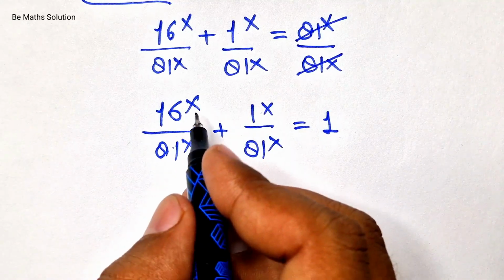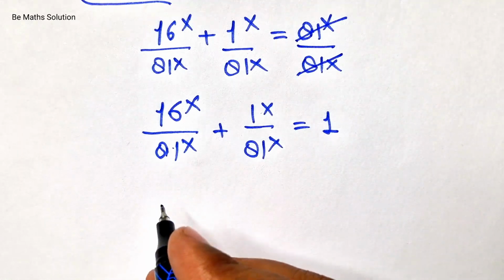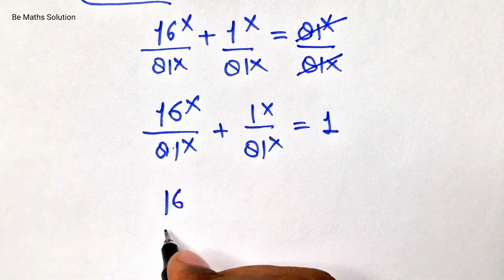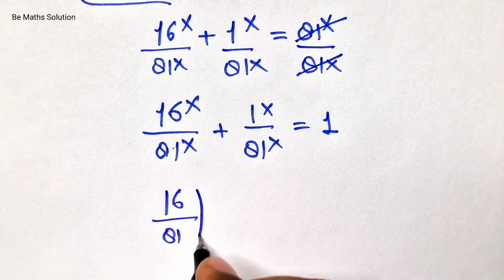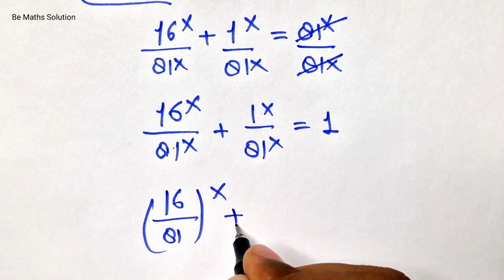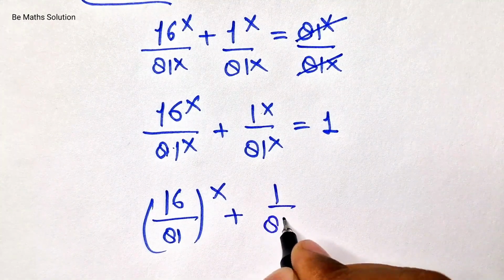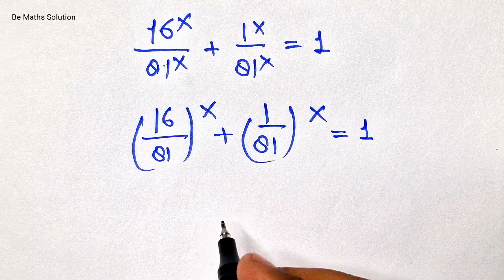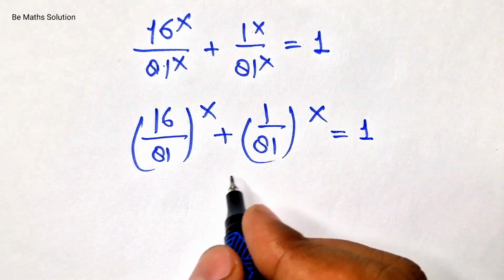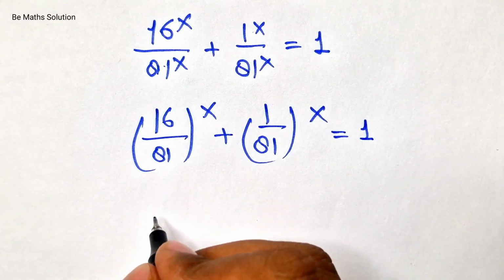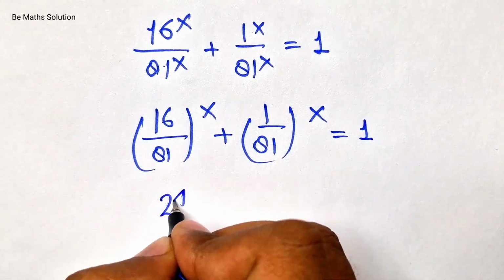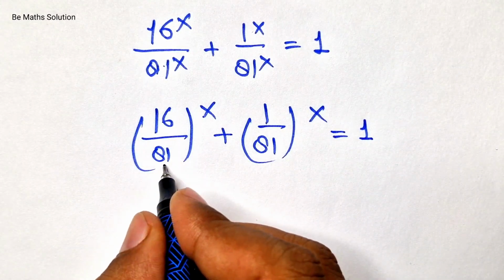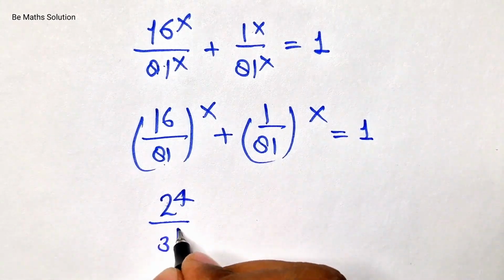Since the power of x is common, it will be (16 over 81) whole power x plus (1 over 81) whole power x is equal to 1. Now simplify: 16 is the same as 2 to the power 4, and 81 is the same as 3 to the power 4.